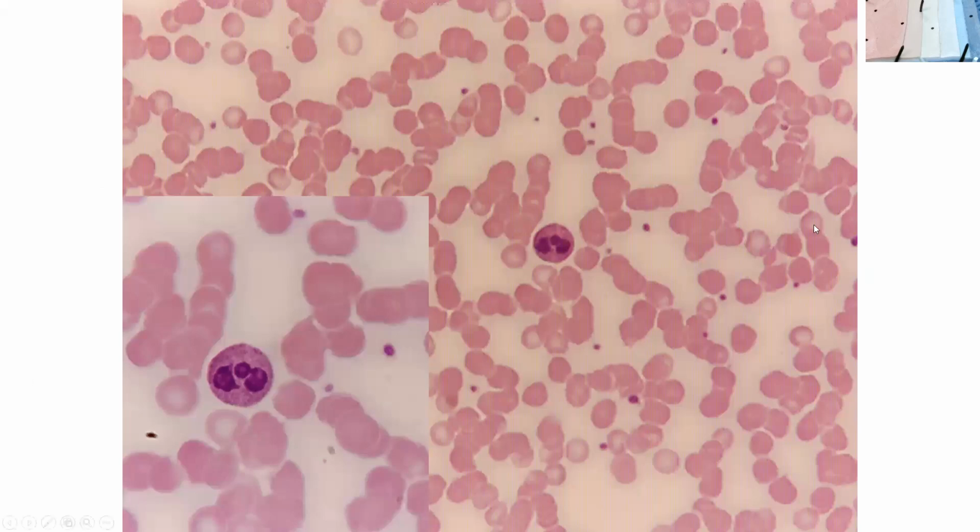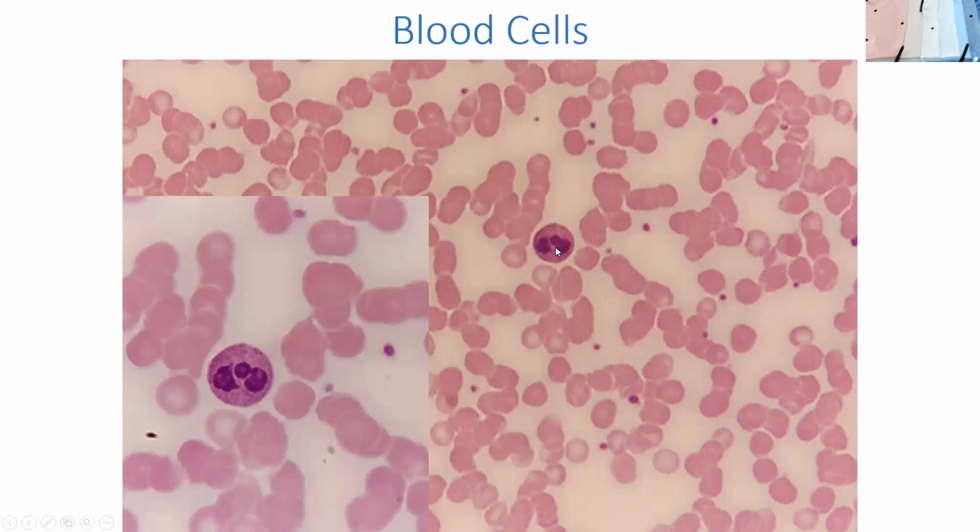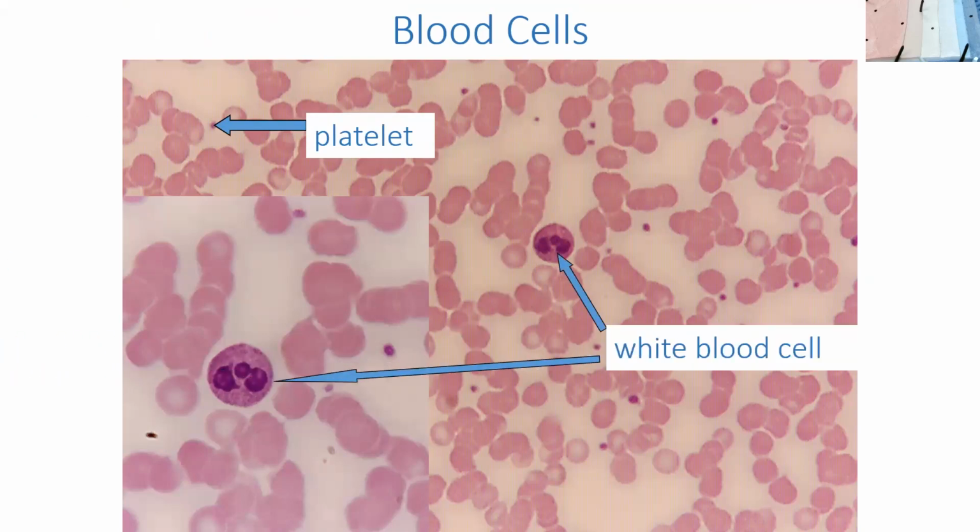These somewhat pink cells are all red blood cells. The ones that are stained darkly with a large nucleus here, those are white blood cells. And these little tiny dots are platelets. They are cell fragments. Those are white blood cells with a large nucleus.